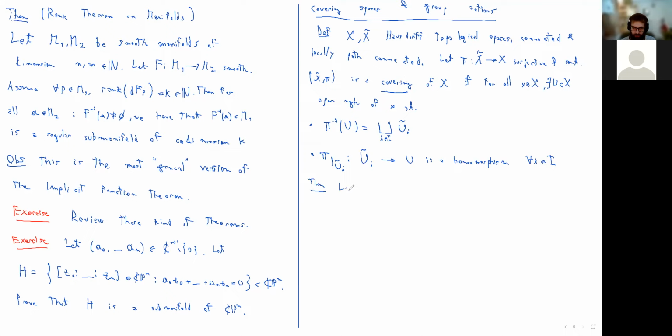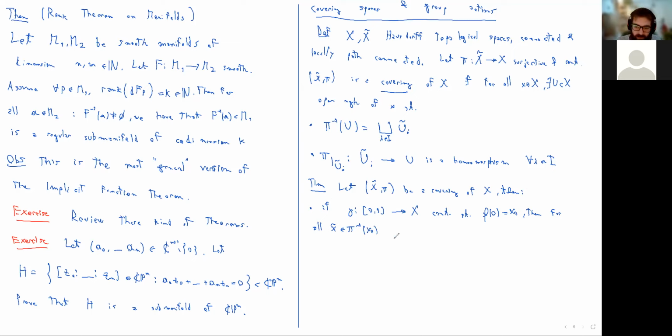So let's just recall maybe the most important theorem here, which is the lifting theorem. So we take a covering. If we have a path, that is a continuous map from [0,1] into X, which starts at some point x0, then for all x tilde in the preimage of x0, so for all points above x0, there exists a unique lifting.